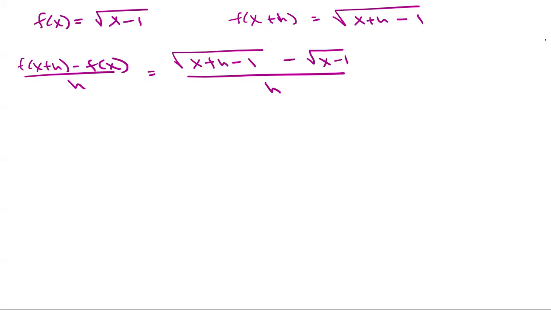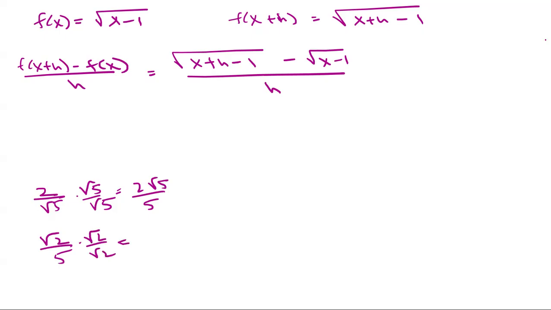Another way to do it is, as I mentioned, if you have 2 over radical 5, I can multiply the top and bottom by radical 5, and that will get rid of the radical in the denominator. I can do the same thing if I had a radical on the top. I can multiply the top and bottom by the same radical, because it's like multiplying by 1, since radical 2 divided by radical 2 is 1. So I haven't changed anything.